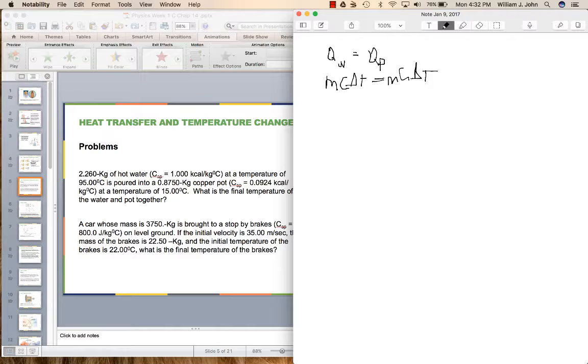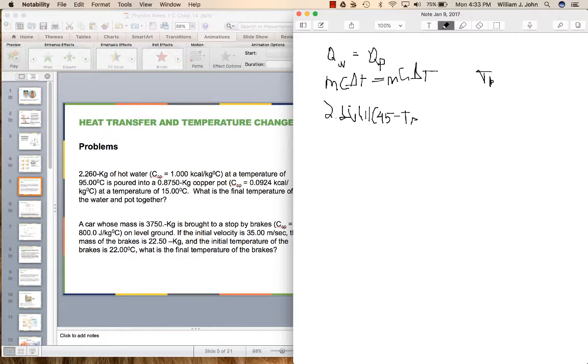Now if we assume that the final temperature is TF, then we can write this equation as 2.26 times 1 times 95. Now the water is going to lose, so we're going to start out with a higher temperature so we don't end up with negative numbers, minus the final temperature, whatever that is.